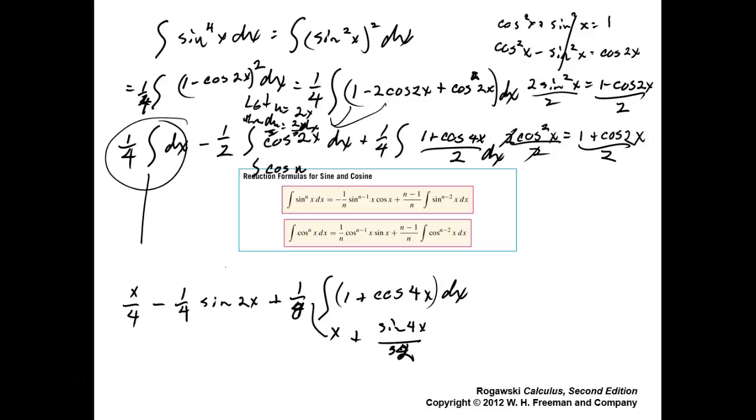That 1/4 came from here, in front of that. Then we changed this, and that brought in the 1/2, so I took the 2 out and made it 1/8. I was left with this to integrate. This integrates to be x, and this integrates to be sine 4x over 4. But the 1/8 multiplies both of those, so 1/8 of this over 4 would be 1/32.